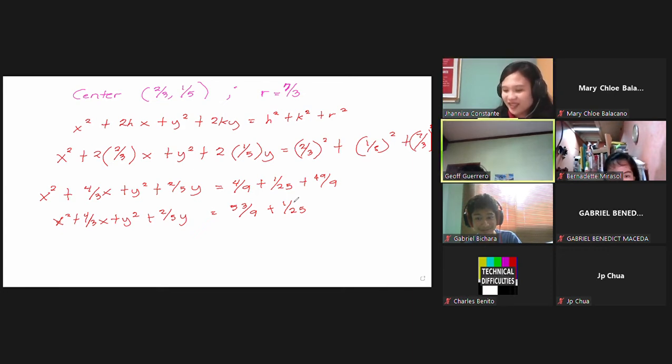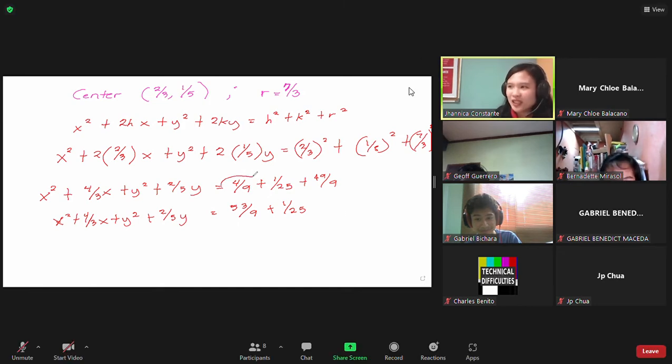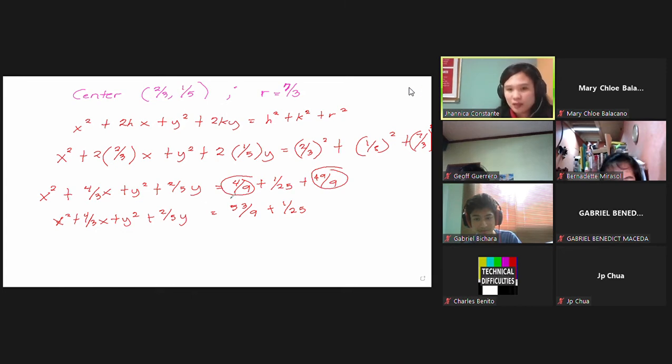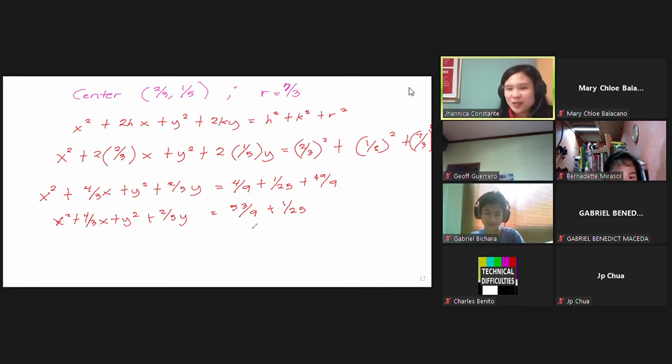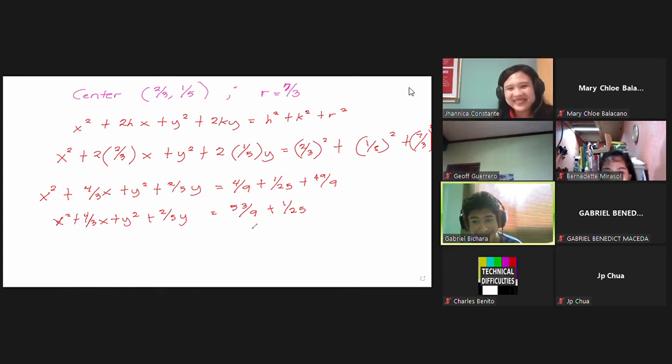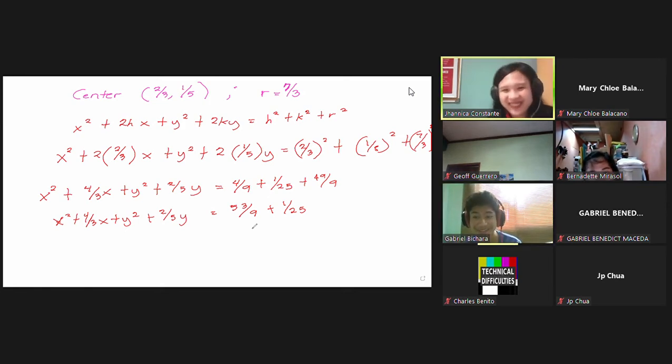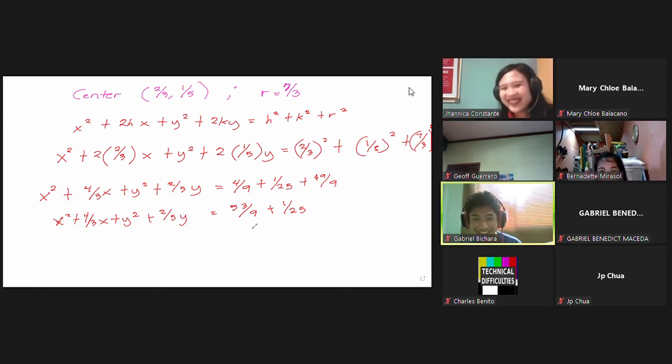How did we get 53/9? We add 4/9 plus 49/9. Since they have the same denominator, we can add them. What about 53/9 plus 1/25? They don't have the same denominator, so we give up?